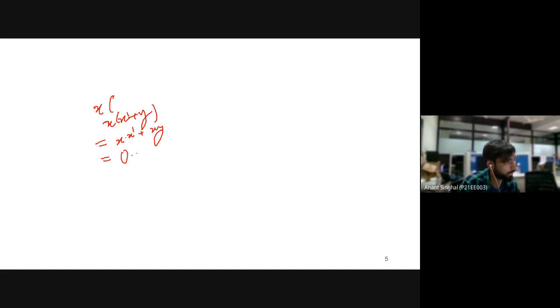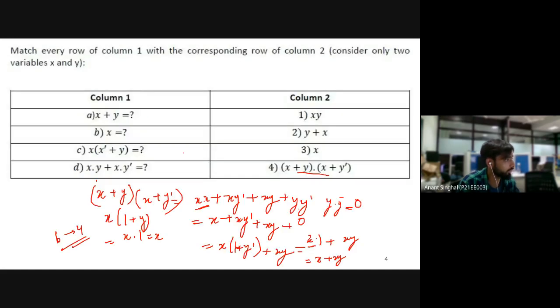We have just checked that basic axiom: if you multiply a variable with its inverse, it will be 0. 0 plus xy gives xy. So C is given by 1. I'll write here C as 1.